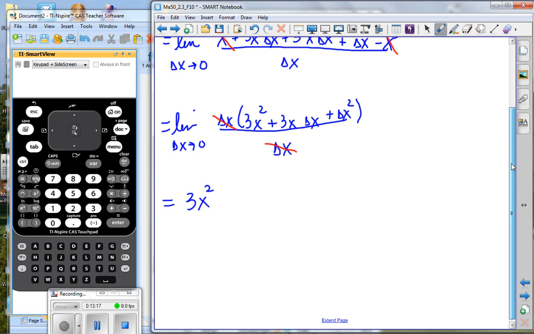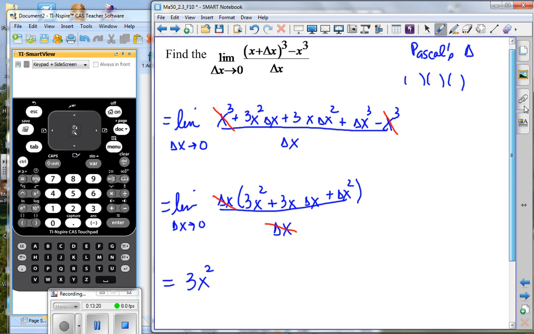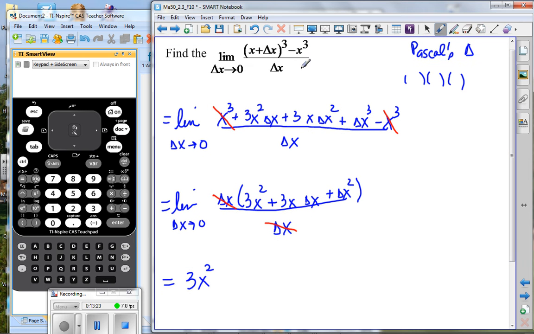Okay, so the limit as delta x approaches 0 of this quotient, we call this a difference quotient. We're going to be talking about that when we get into chapter 3. A difference quotient, that's exactly what that is. As we have delta x approach 0, that is 3x squared. Now, for those of you who've had calculus before, do you recognize this? Have you recognized what we're getting to?